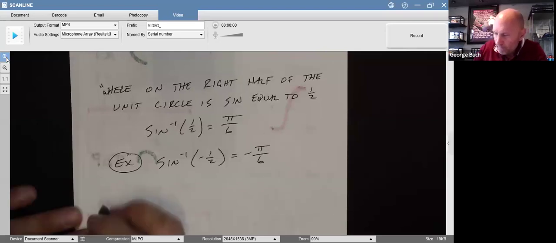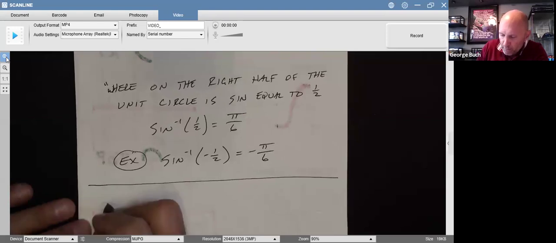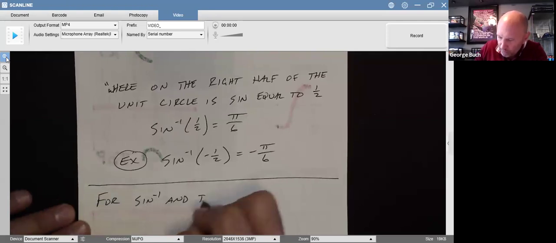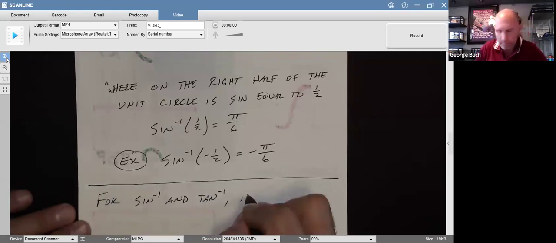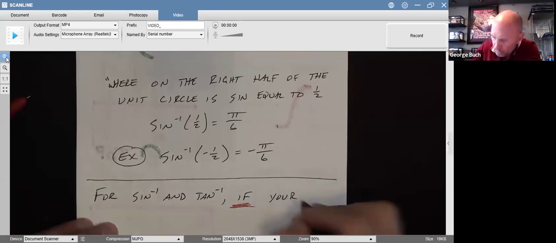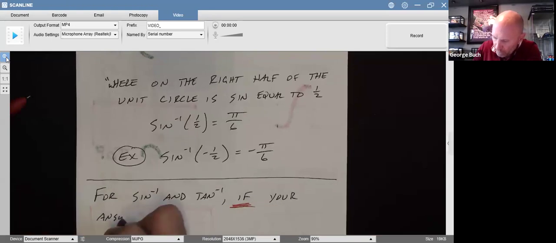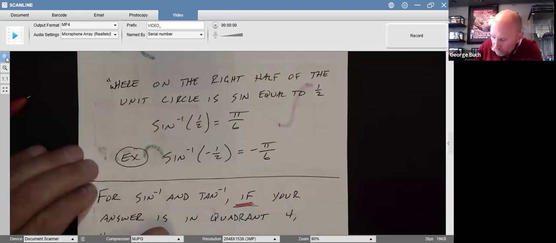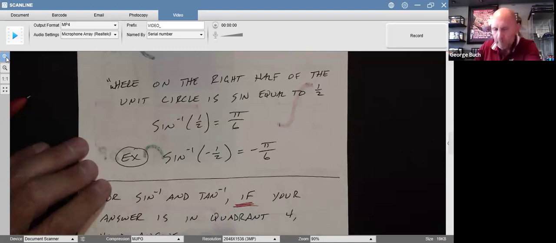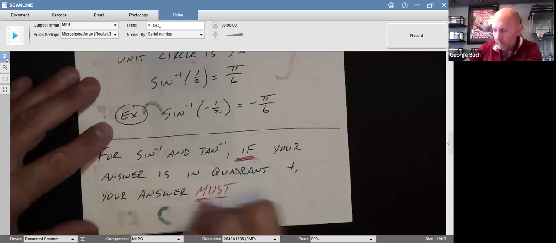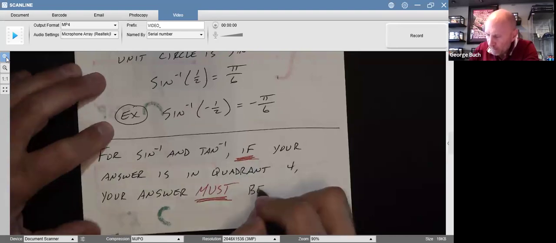So for sine inverse and tangent inverse, if your answer is in quadrant 4, your answer must be negative.